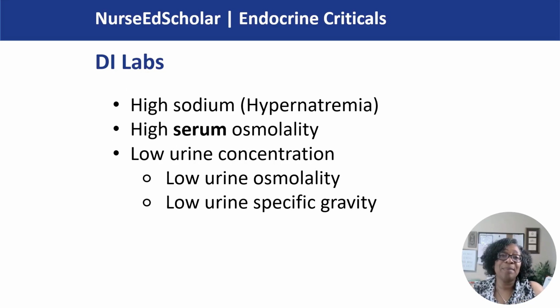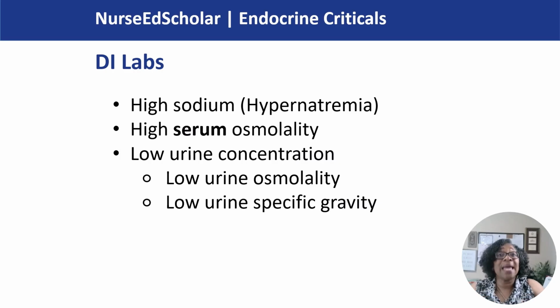Now let's look at diabetes insipidus. The sodium is high, hypernatremia. Why? Because the patient is urinating too much. So it's pulling the fluid out of the bloodstream. It's causing the sodium to now, instead of being diluted, now it's concentrated. So that's where the hypernatremia comes from.